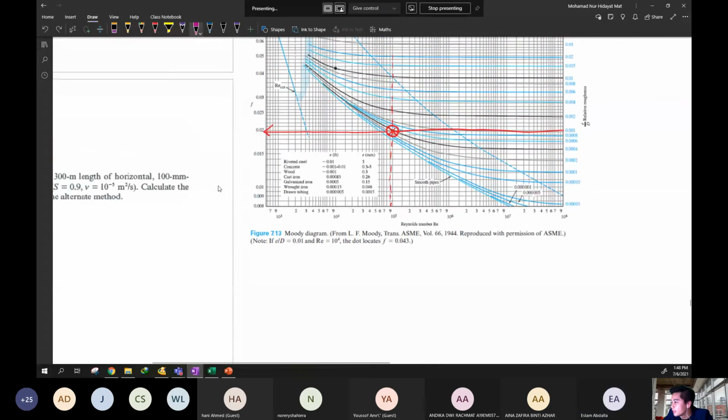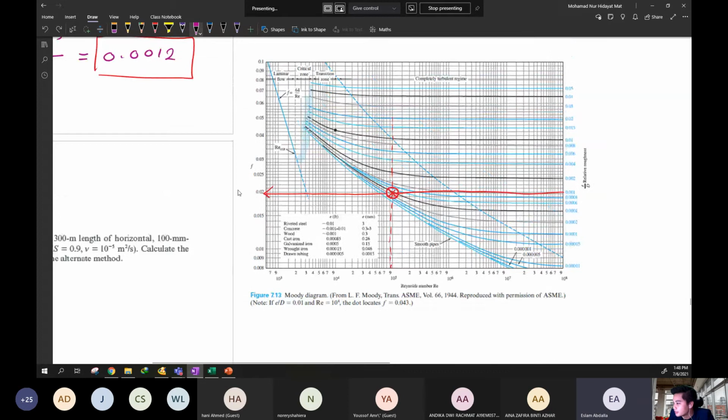Which one starts with 1? This is 1, right? So this is 10 to the power of 5, start from here, right? And before this is 9, right? Oh, I thought it's stuck.